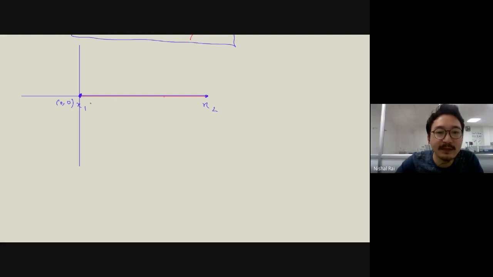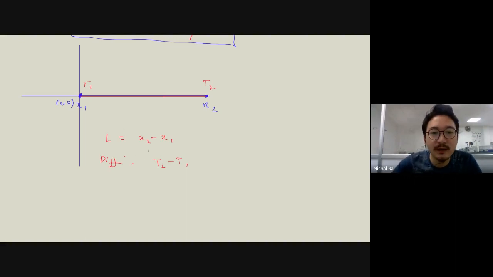So what will be the length? X2 minus x1. Is this point clear or not? Let the temperature over here be T1 and the temperature over here be T2. So the difference in temperature is given by T2 minus T1. Is this point clear or not?